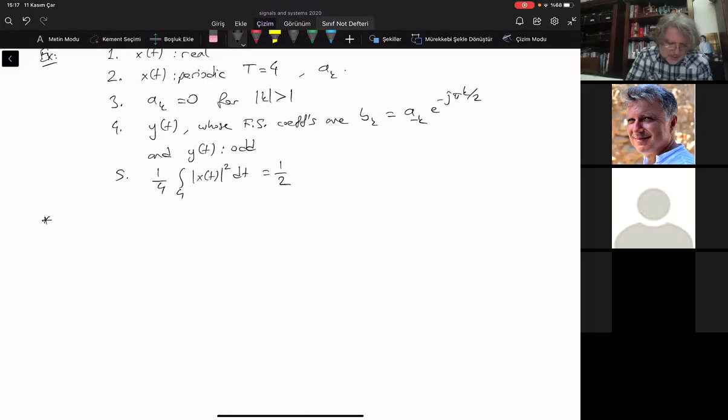So I can see that we have only a minus 1, a 0, and a 1. This is one observation. And another observation, since period is 4, omega 0 is 2 pi over 4, which is pi over 2.